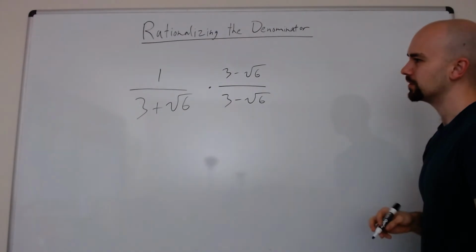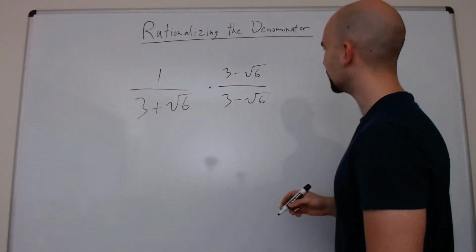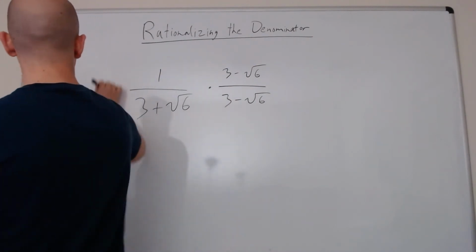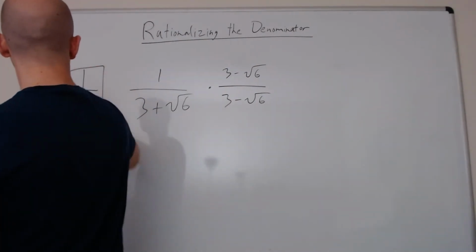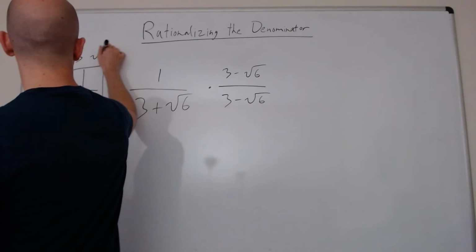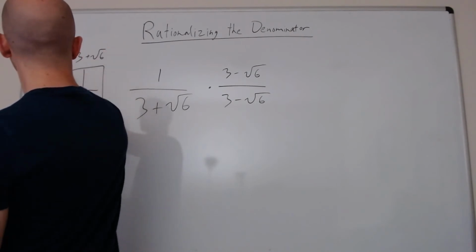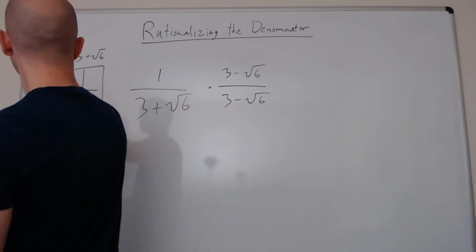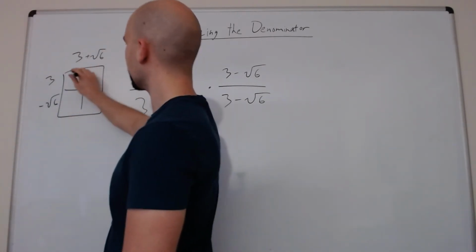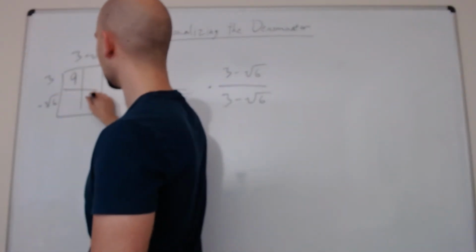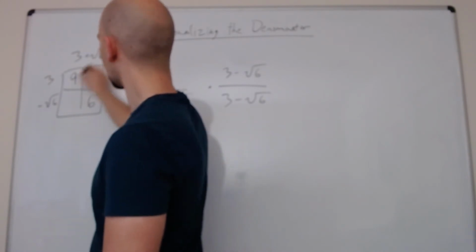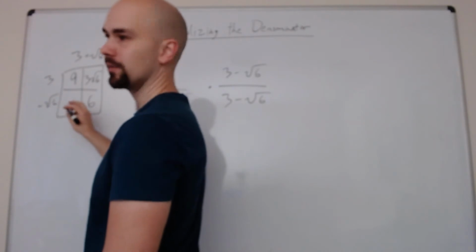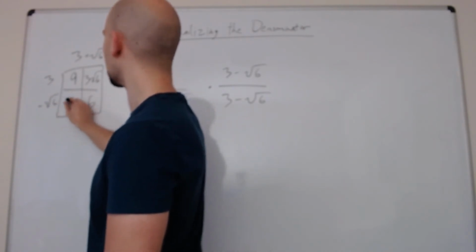Multiply this out, we'll have to use the distributive property. I'll do exactly what I did before. This is redundant, but three times 3 is 9. Square root of 6 times square root of 6 is 6. 3 times the square root of 6 is 3 square roots of 6. 3 times the negative square root of 6 is negative 3 square roots of 6.